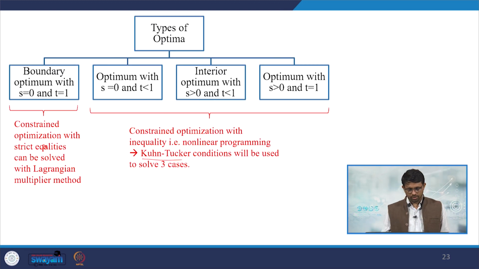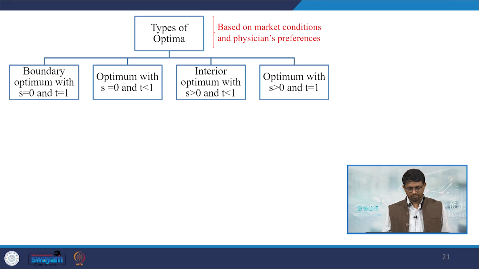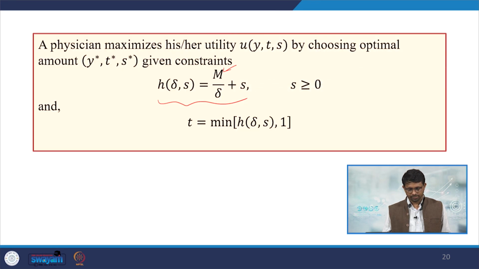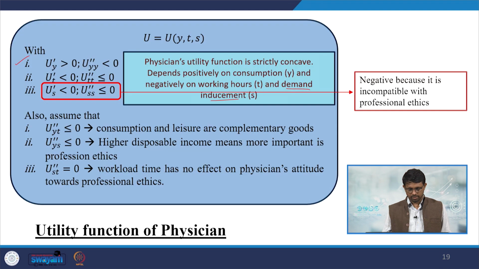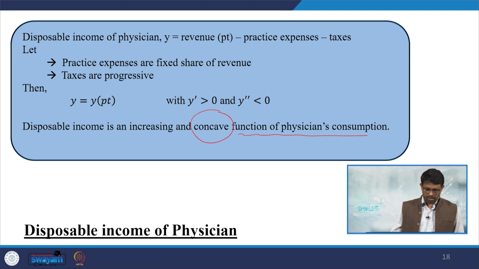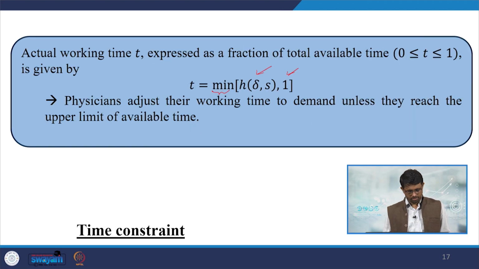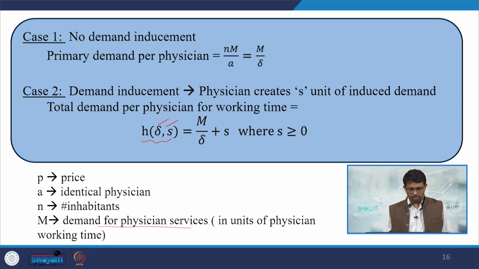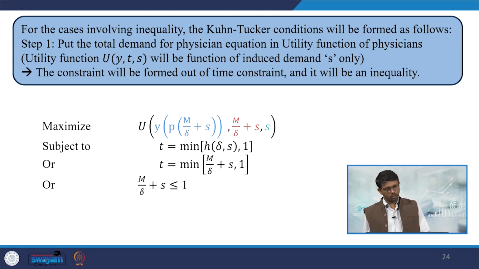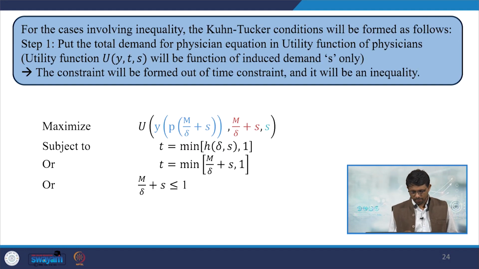So, you can just have a check once again, I will just go back and clarify. So, this is your h, m upon delta plus s, and this is y, t and s, and this is y p t which we already clarified. So, y function we are just clarifying at this moment, and then your t function is here and s is explained.